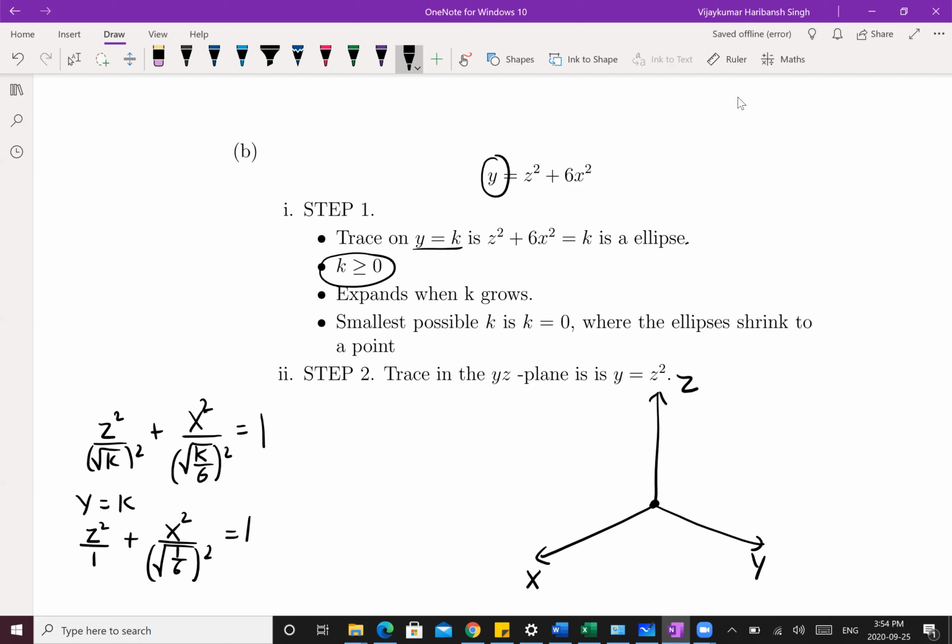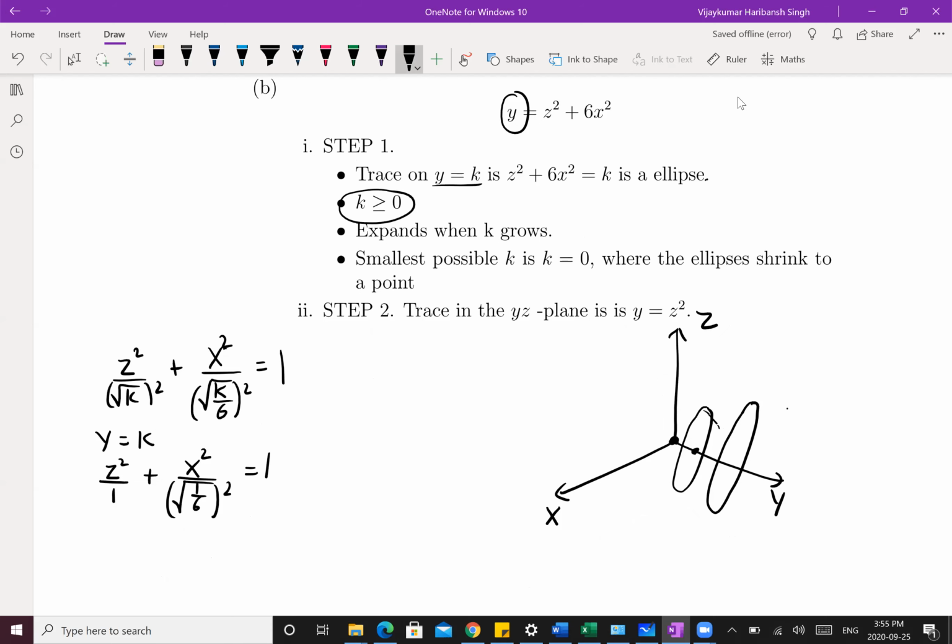And when we take the trace y equals k, we'll have an ellipse, and this ellipse is bigger for z and smaller for x. So z is bigger. And as you keep going bigger and bigger for k, your ellipse basically expands like that.